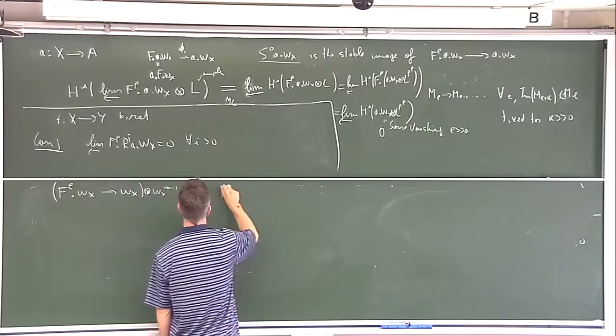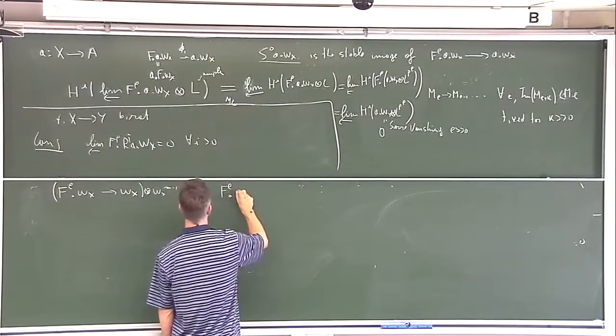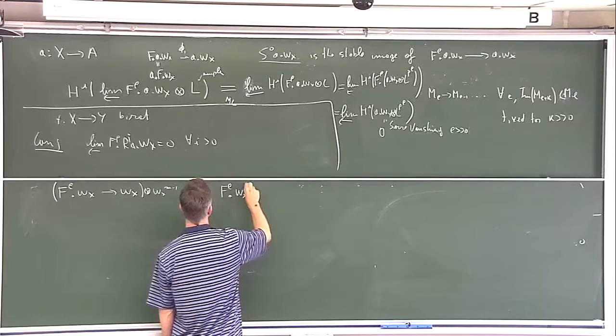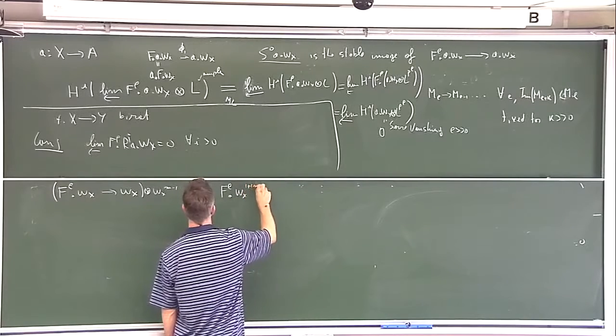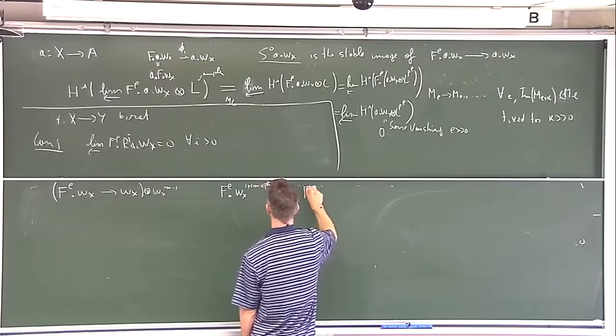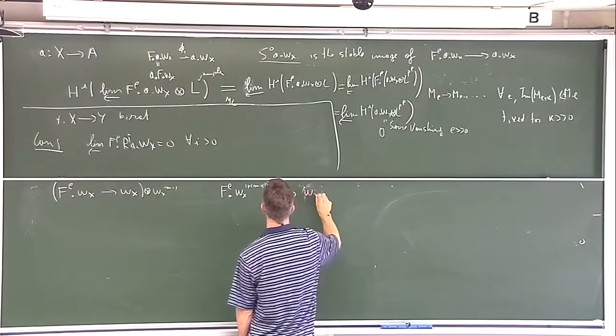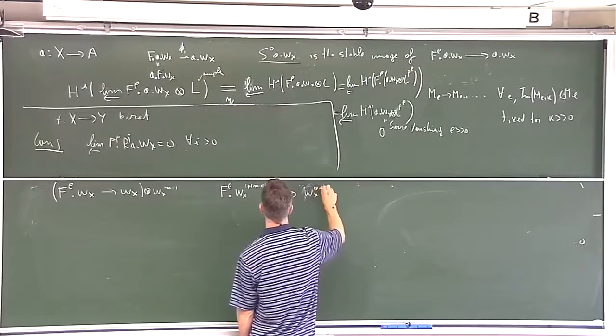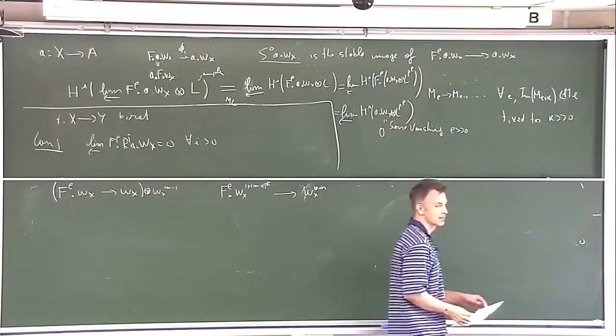Then I get a map from F^e_* omega_X^(1+(m-1)p^e) to omega_X^(tensor m).